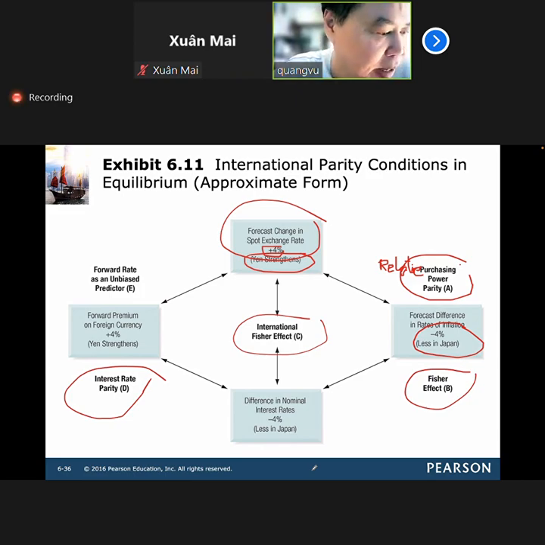Given that you already understand the technique of how to calculate percentage change in a particular currency against another currency, after you learn that Vietnam dong is going to be depreciated by 4% against the dollar, you can tell what the future spot rate will be. You can calculate that and get the calculation done. Any question?